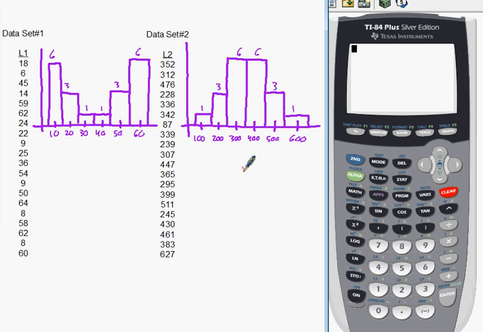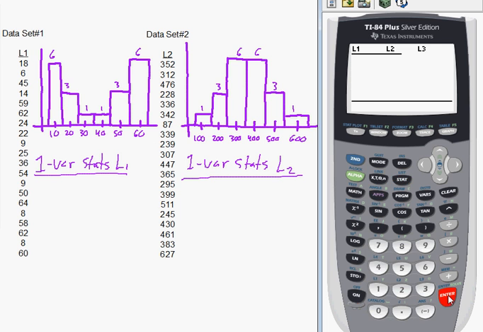In order to get our measures, we'll use our one var stats. I've entered dataset 1 into L1, and I've entered dataset 2 in L2. So we can see over here, I've already entered the data. So we can go stat, calc.